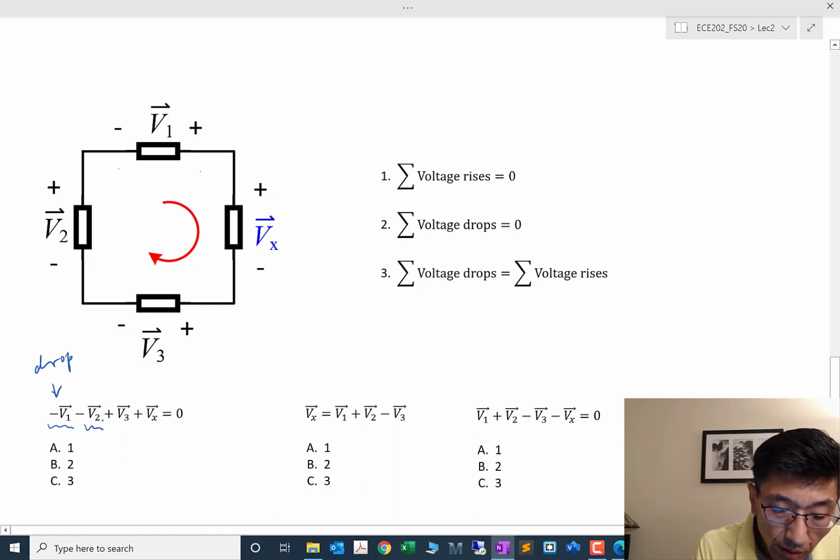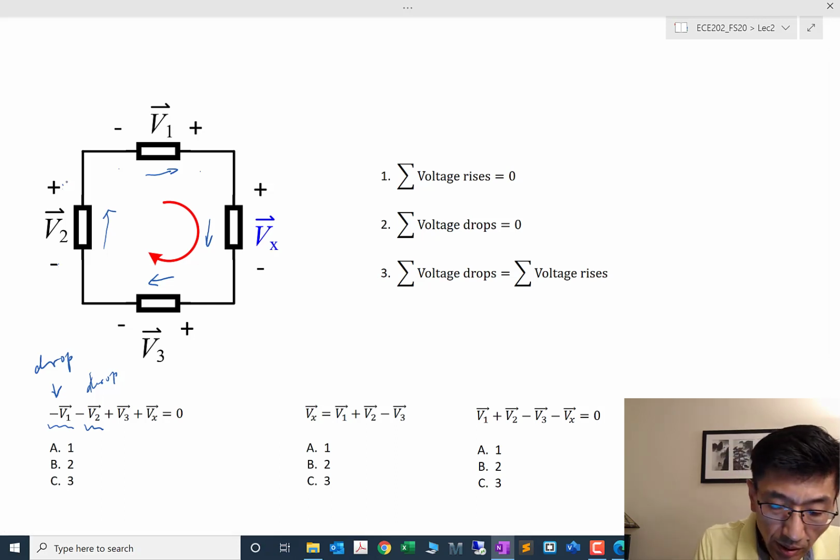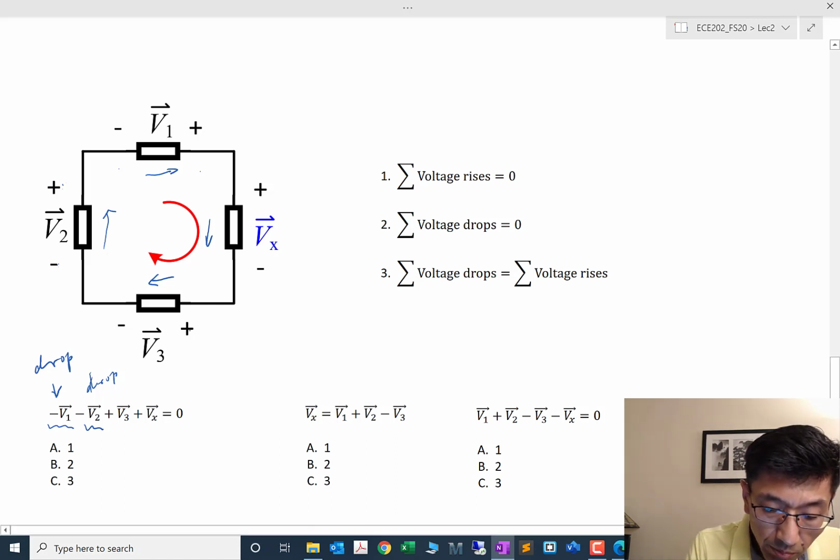And negative V2, from negative sign to positive sign, because I'm following the direction we labeled, is another drop, because from negative to positive the voltage rise is V2, so the voltage drop is negative V2. And V3, from plus to minus, is the voltage drop V3.